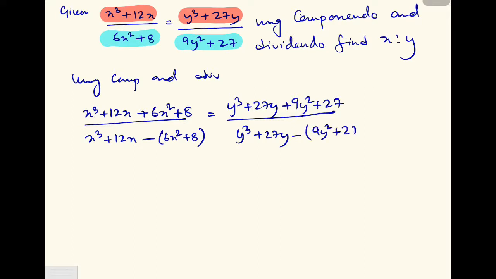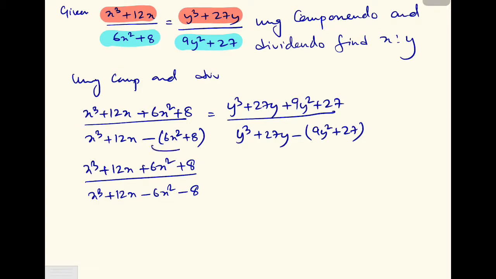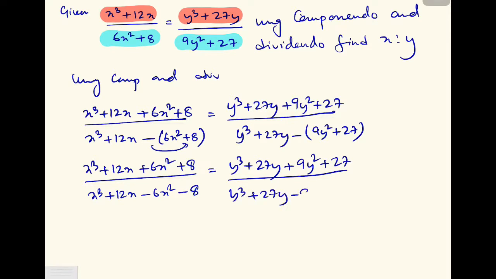Let's simplify this as well. So x cube plus 12x plus 6x square plus 8, and denominator x cube plus 12x minus 6x square minus 8, because the sign changes, plus into minus, plus into minus. So here y cube plus 27y plus 9y square plus 27, and denominator y cube plus 27y minus 9y square minus 27.